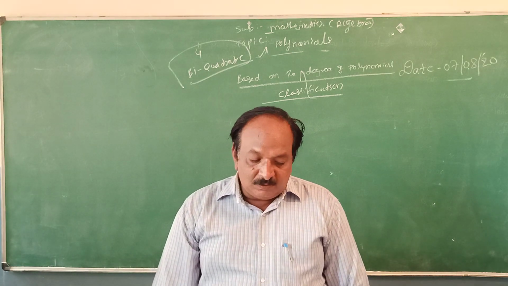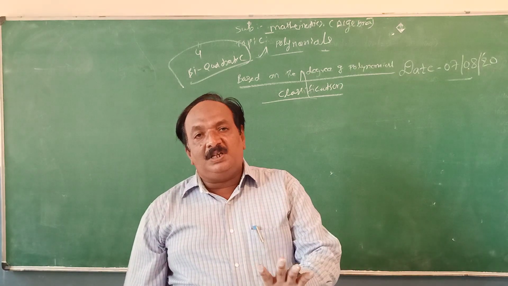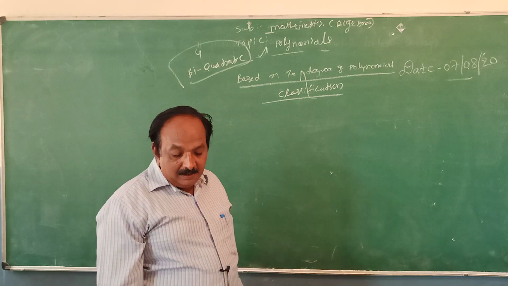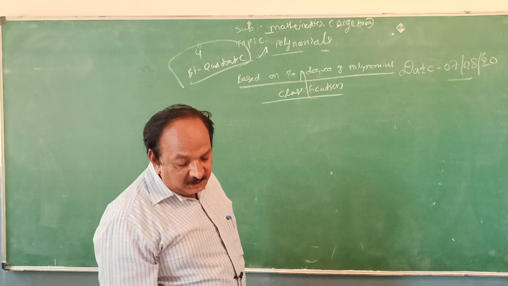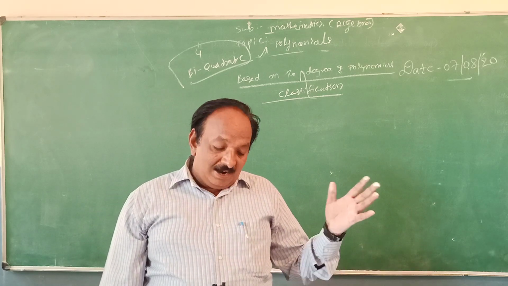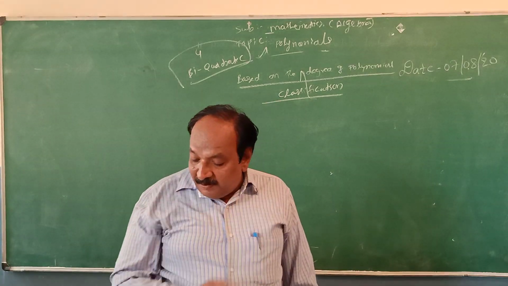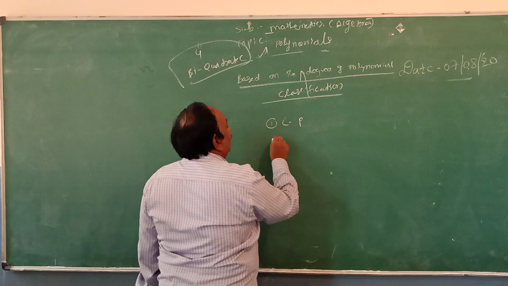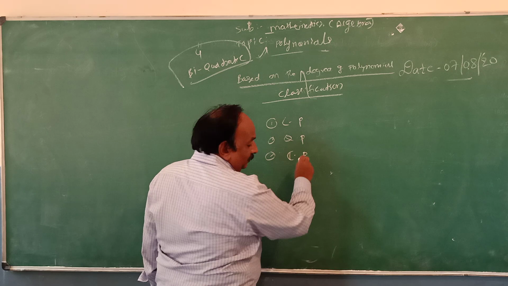If it has only one term, we call it a monomial. A polynomial with 2 terms is called a binomial, and with 3 terms a trinomial. Next is the degree of the polynomial: the highest power is called the degree. And classification of polynomials based on degree is linear, quadratic and cubic polynomial.